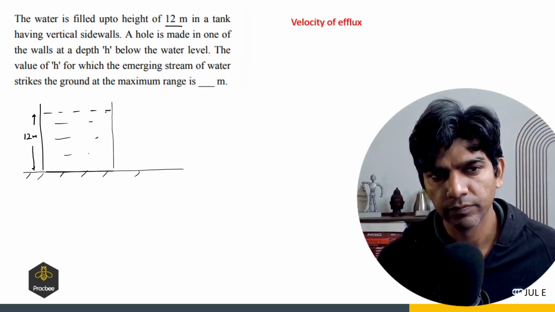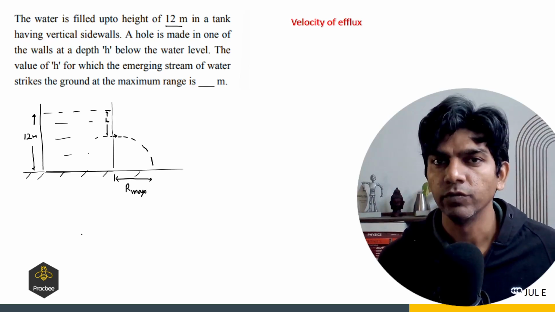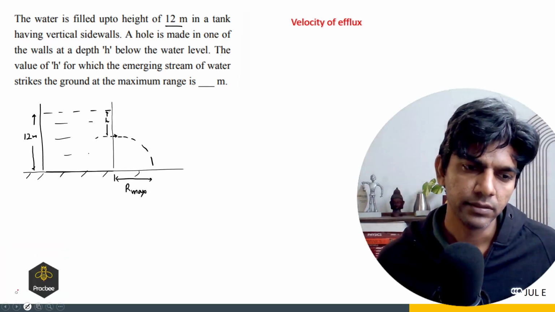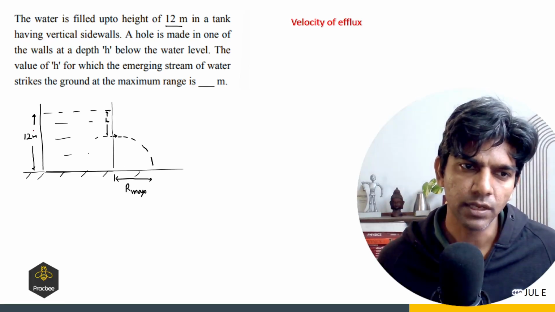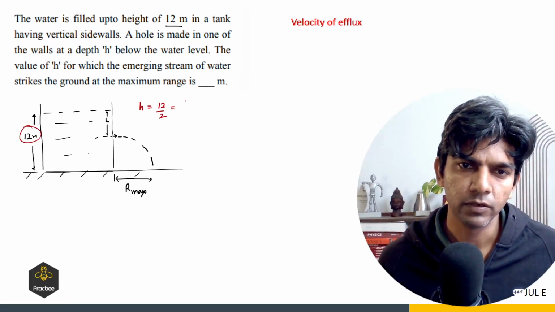So let us say at a height h below the free surface this range is maximum, and we know that in such a case the range will be maximum when this h is half of this 12, right? So h will be 12 by 2, so that will be 6 meters.